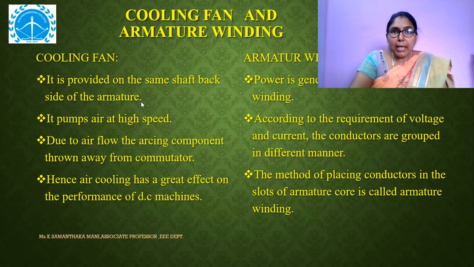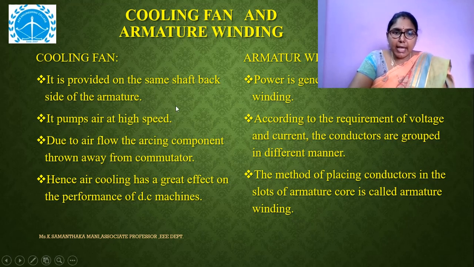But as the capacity of the generator increases, it causes a temperature rise in the DC generator. If you do not take care of that increase in temperature, the performance of the DC generator will not be at the expected level. So in order to maintain the specified temperature, we must provide some cooling effect, and that is done with the help of the cooling fan.